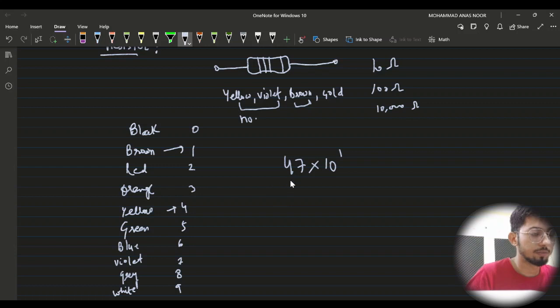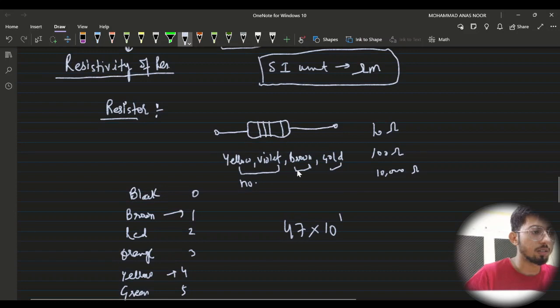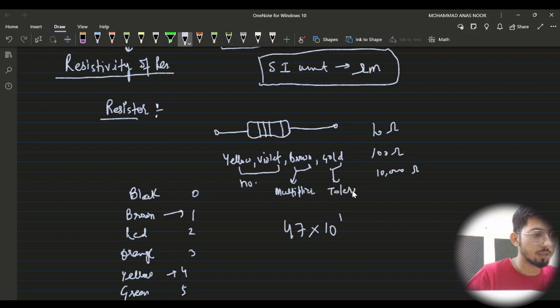And then this gold is a separate thing. Gold represents the tolerance, like the fourth color represents the tolerance. So this is a multiplier, and the fourth color represents tolerance.